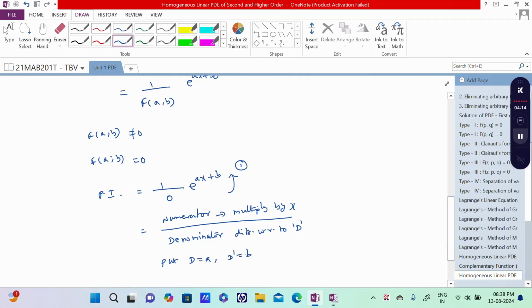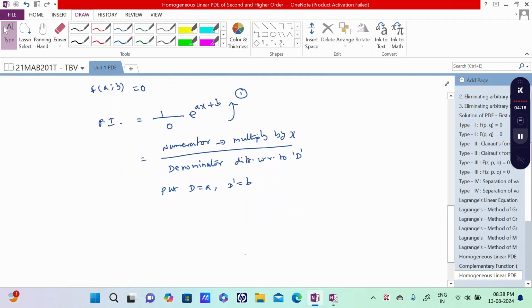If again you are getting 0, then continue the same procedure. If we have a value, or f of a is not 0, then this is our particular integral.